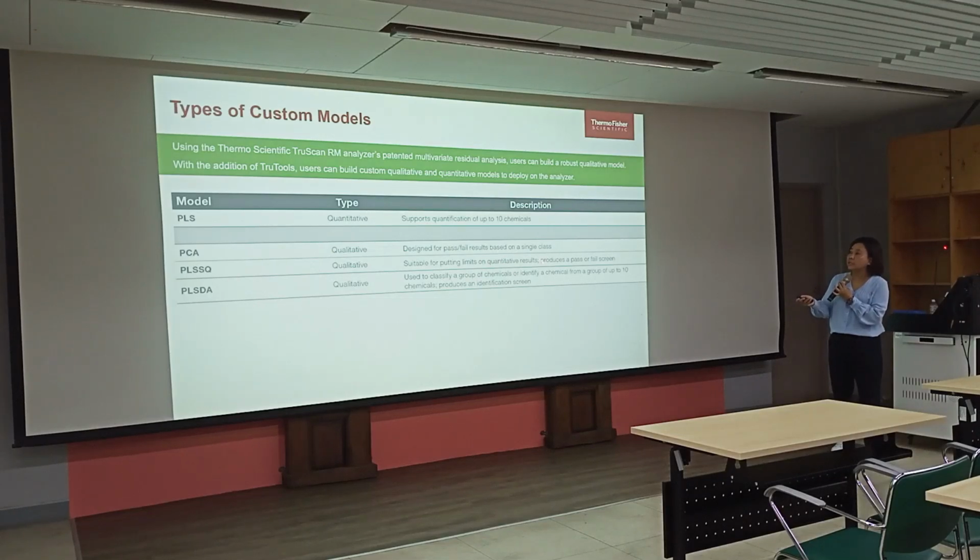With PLS SQ, you can put in a quantitative limit, which is a better function. And then the PLSDA is for qualitative analysis, where you can put in a group of samples which are very similar, and then you can easily differentiate them. Later I will share with you some examples.